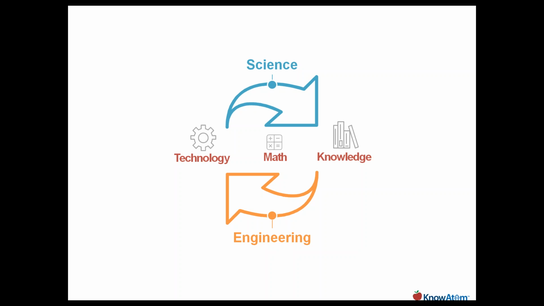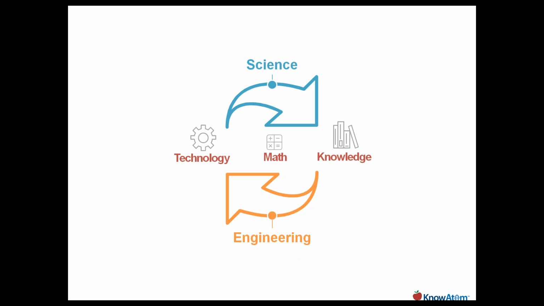Answer questions that they couldn't answer before, or raise new questions. And the role of math is to quantify, analyze, and communicate, and make things replicable. So it's very new for most folks to think of science, engineering, technology, and math in a kind of cycle with these very close relationships. But in reality, this is how it works.